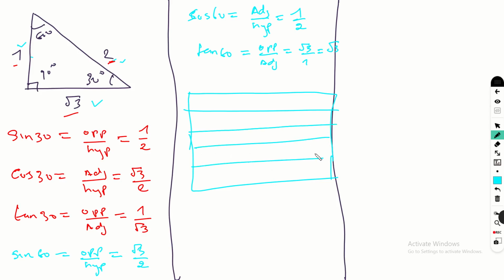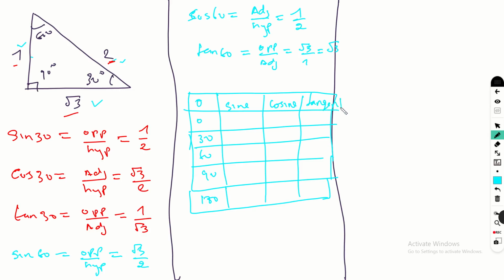Okay, let's say that these are angles: 0, 30, 60, 90, 180. Now if you have the sine, cosine, and tangent.